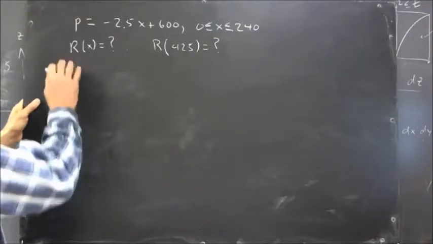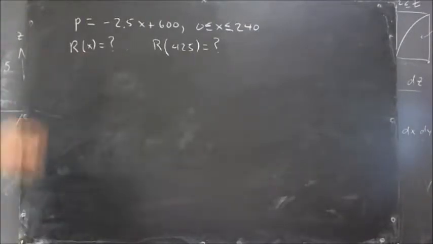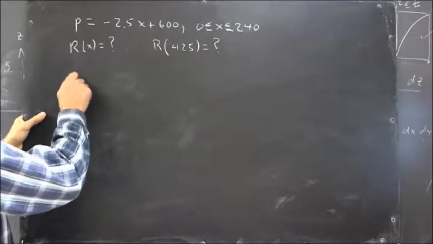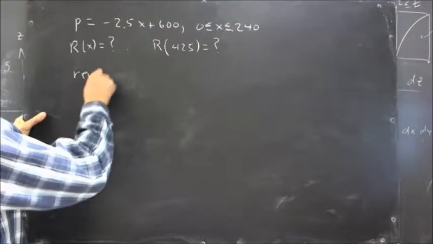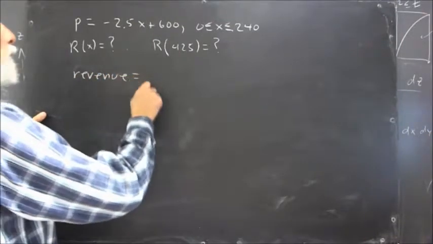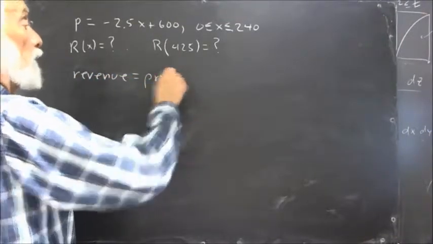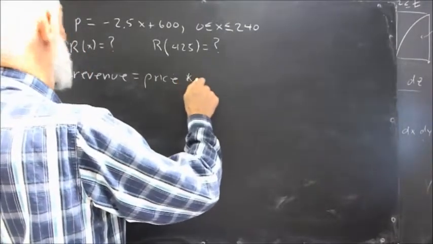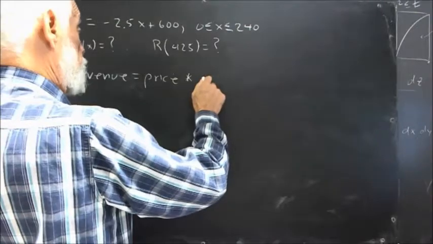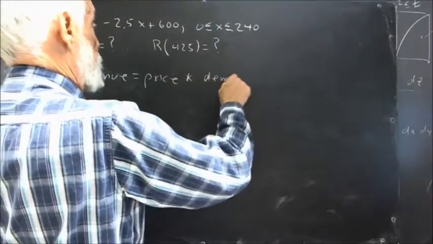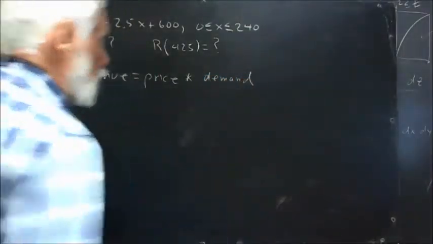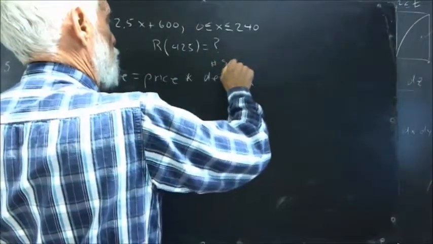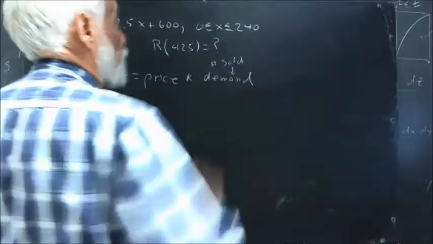Okay, so having said that, what do we do? We want to find the revenue. Now, you have to know that revenue equals the price, which is how much somebody's going to pay for the object, times the demand, or the number sold, or the number to be sold.